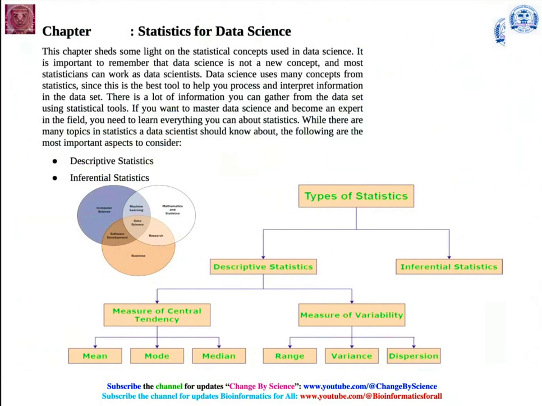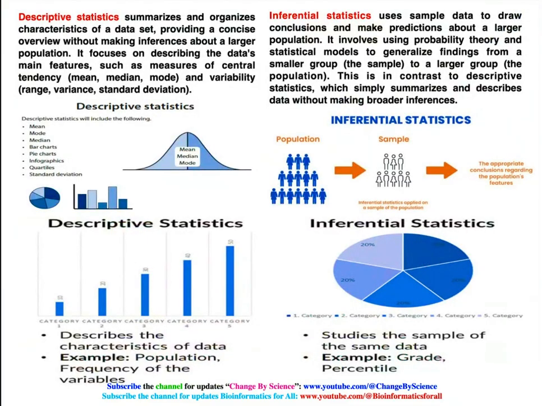In descriptive statistics, you measure the central tendency, that is mean, mode, median, and measure the variability, that is range, variance, and dispersion. Basically, in descriptive statistics, you summarize and organize the characteristics of a data set, which provides a concise overview without making inferences about a larger population.